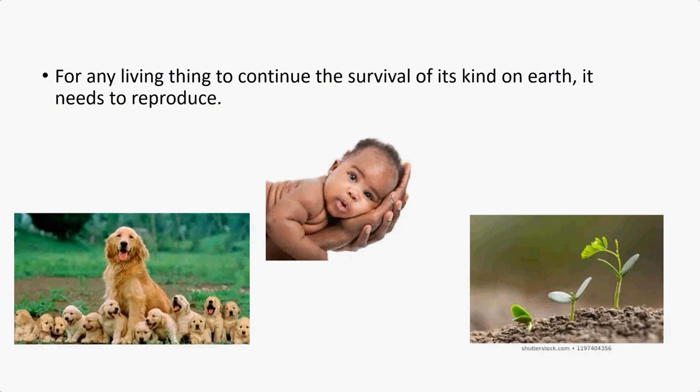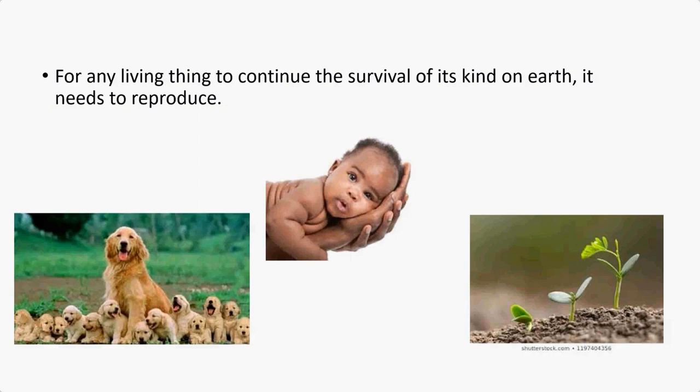For any living thing, it is to continue the survival of its kind. So why do all living things reproduce, children? To continue their survival on earth. If humans stop reproducing, what happens to humans? After a particular year, no humans will be there on the earth.